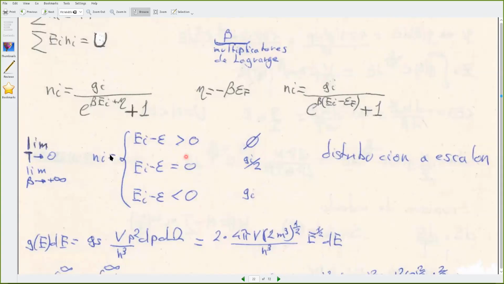A characteristic of this distribution is that when we take the temperature to really zero, so really low temperature, absolute zero, the shape of the distribution is rectangular.